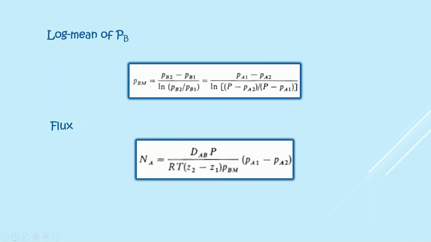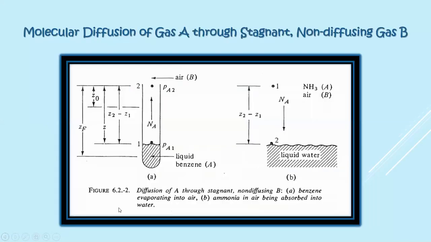So the points 1 and 2 that are being referred to here are this one, point 1, and this is point 2. Point 1 is on your diffusing gas, and point 2 is in your non-diffusing, or stagnant, gas.